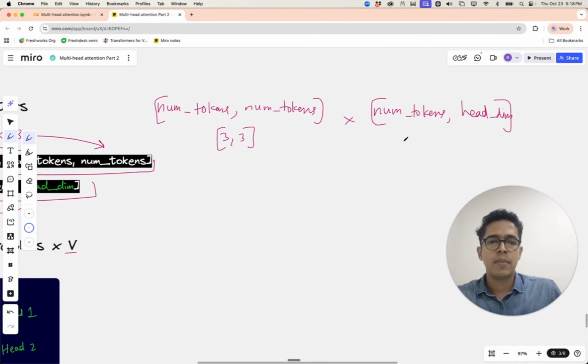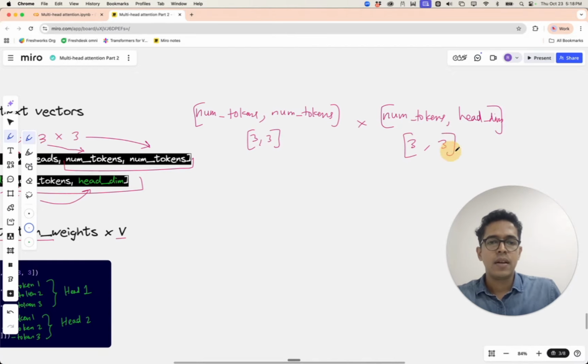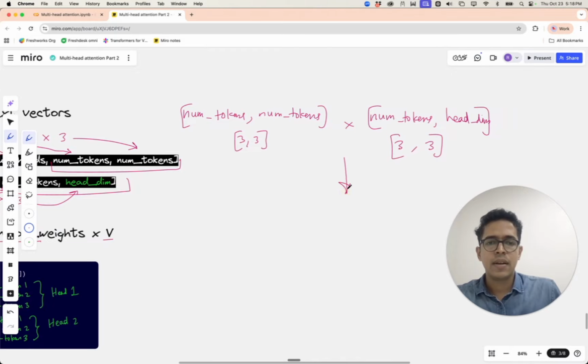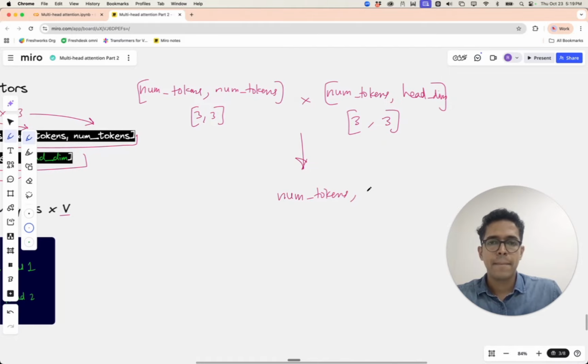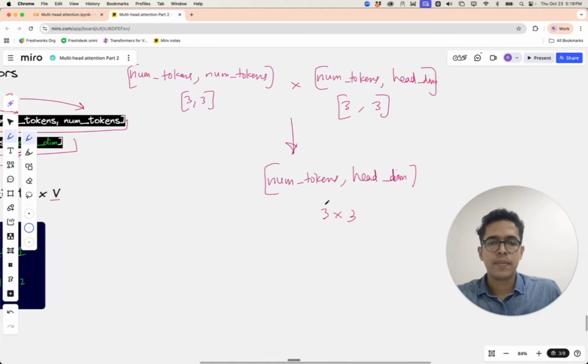Here number of tokens was 3, head dim was 3 as well. So this would result in a matrix of dimension number of tokens by head dim, which should be 3 by 3.